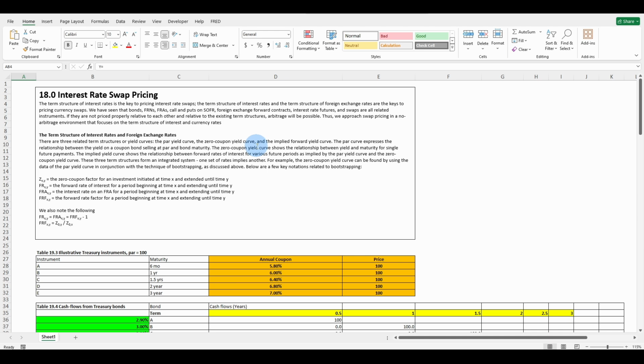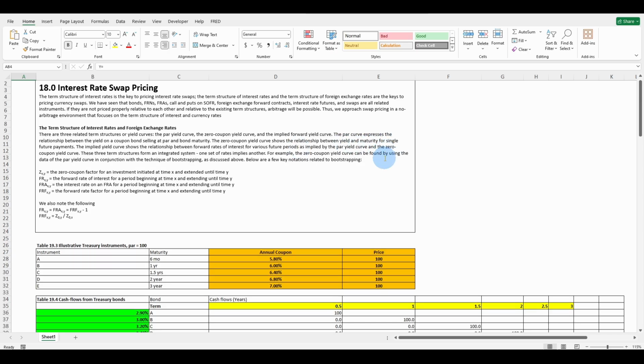The zero coupon yield curve shows a relationship between yield and maturity for single future payments. The implied yield curve shows a relationship between forward rates of interest for various future periods as implied by the par yield curve and the zero coupon yield curve.